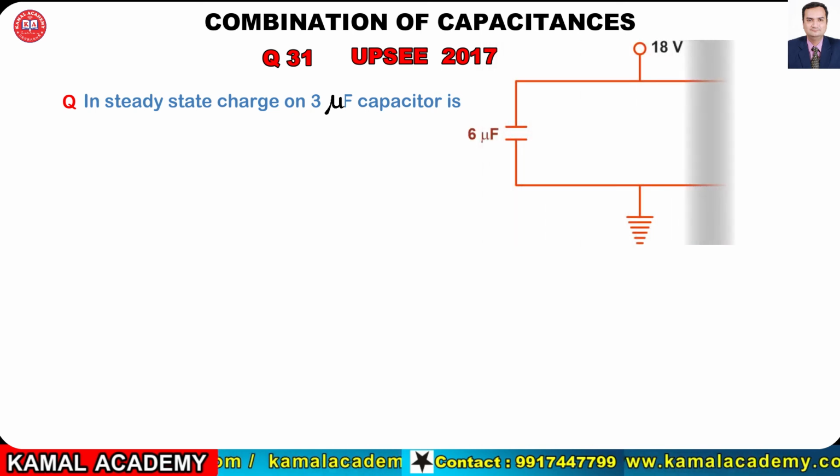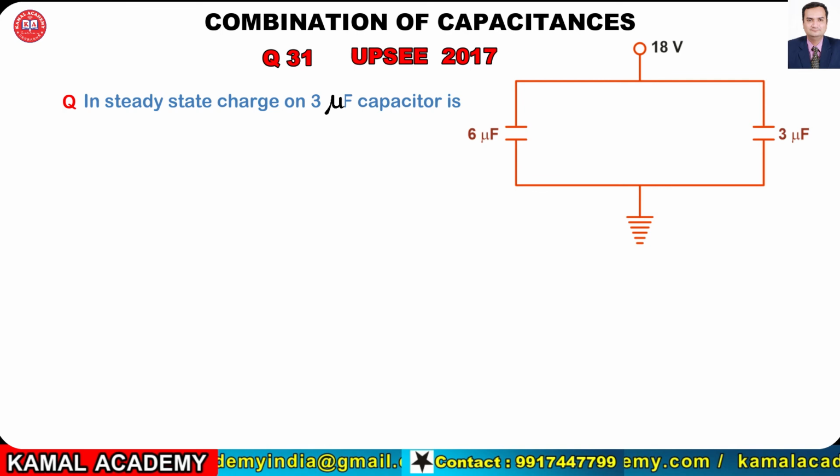So in this question, we are provided two capacitors which are connected in parallel across a source of potential 18 volt. Because this end is earth, the potential at this end is 0 volt. So the potential across the entire circuit is 18 volt.